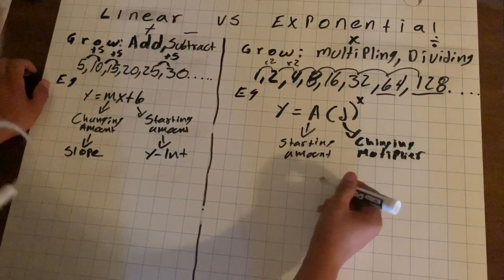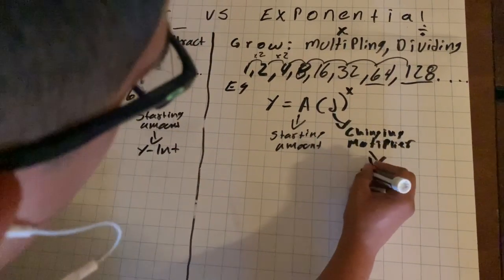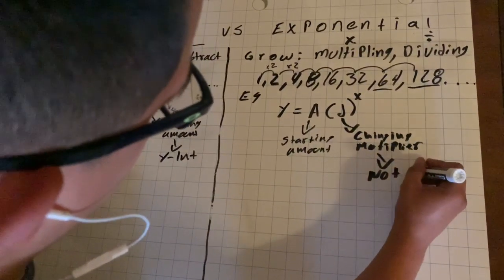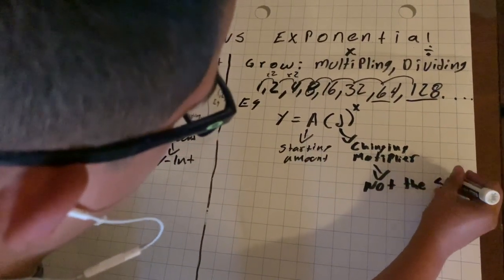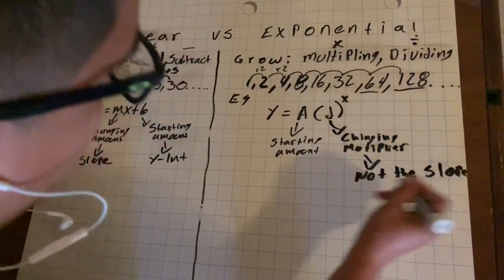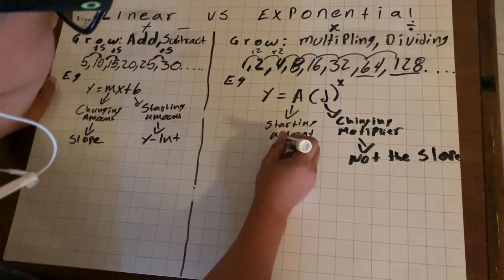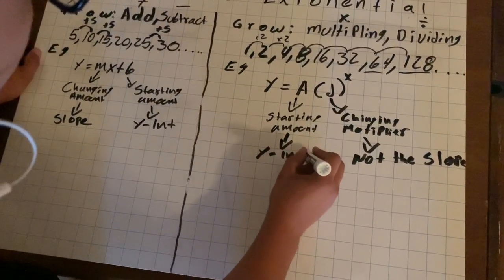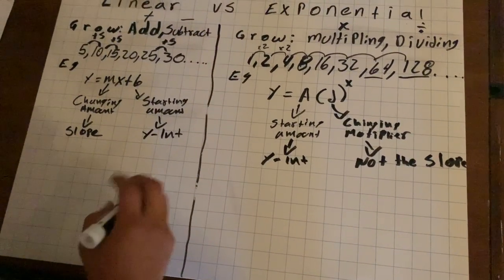This is no longer your slope. The a, the starting amount, is your y-intercept. So it's pretty easy.